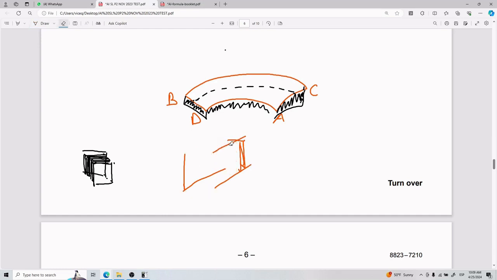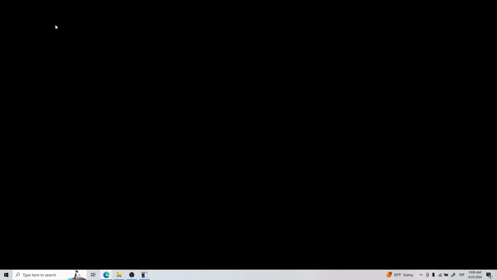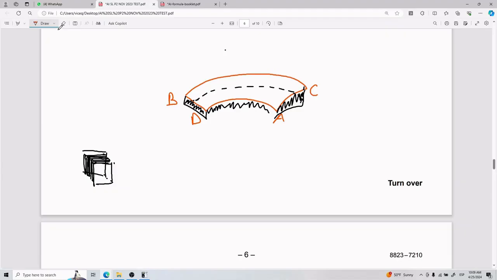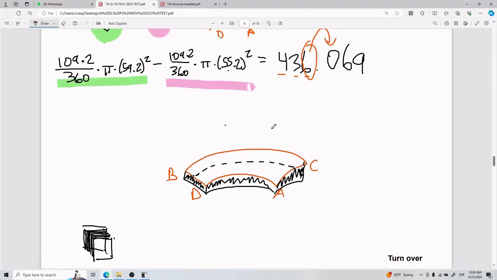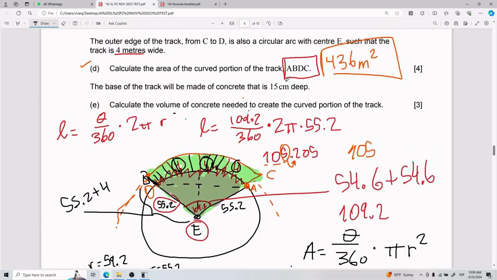And so in this case, you want to take this shape and how many times do you want to multiply it? Well, you need it to be 15 centimeters deep.